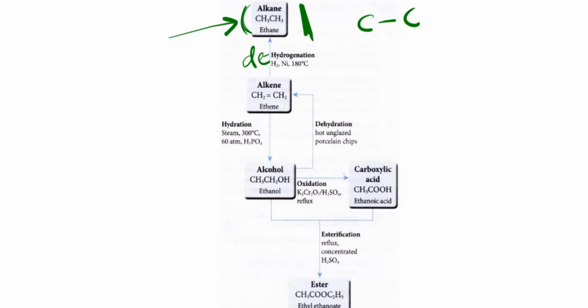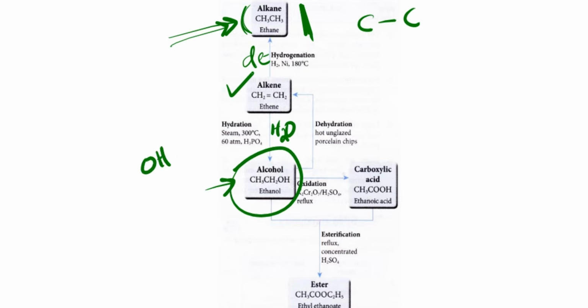Now this alkane, when dehydrogenated, gives us alkene, and when hydration occurs, when a water molecule is added to the alkene, we get alcohol. Alcohol is basically a group where an OH group is attached.